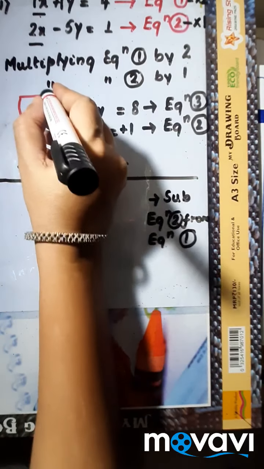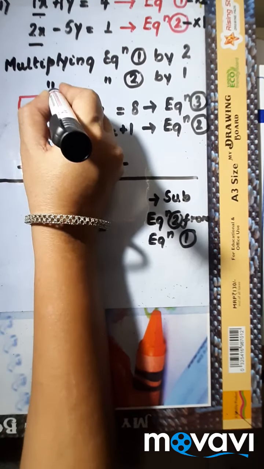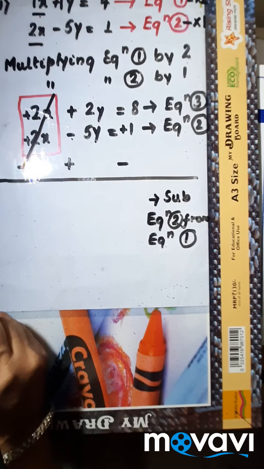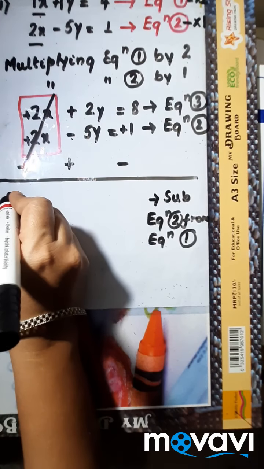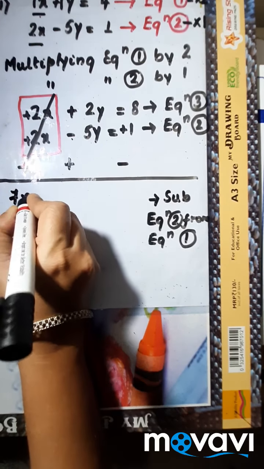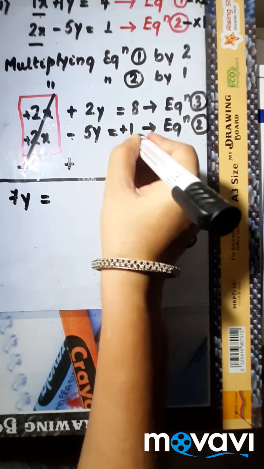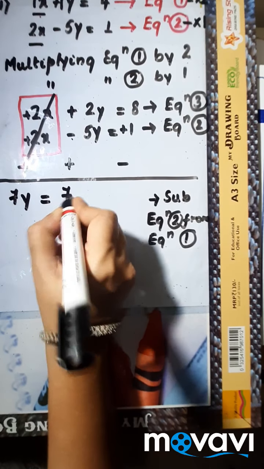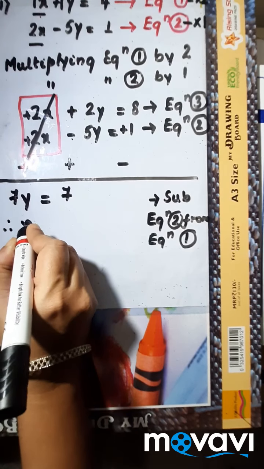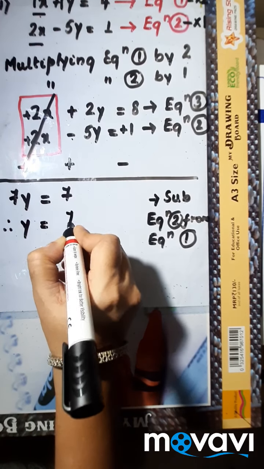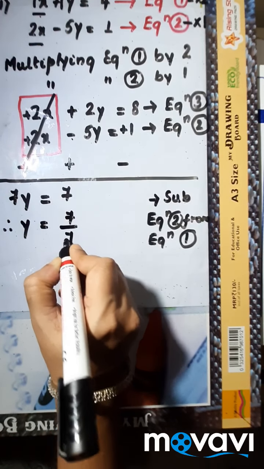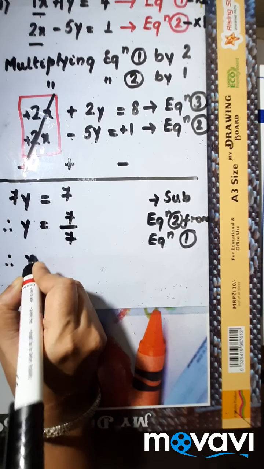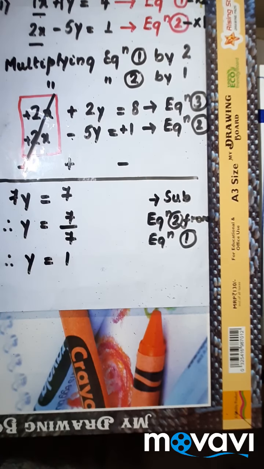Now when I change the signs, plus 2x minus 2x gets cancelled. So this term gets cancelled. 2y plus 5y is 7y. 7y is equal to 8 minus 1, which is equal to 7. Therefore, y is equal to 7 upon 7. Therefore, y is equal to 1. So I got the value of y as 1.